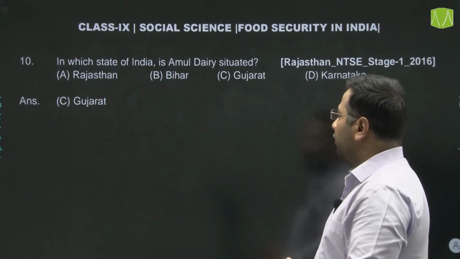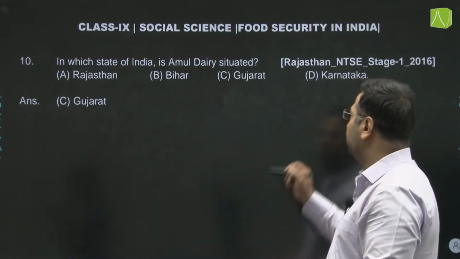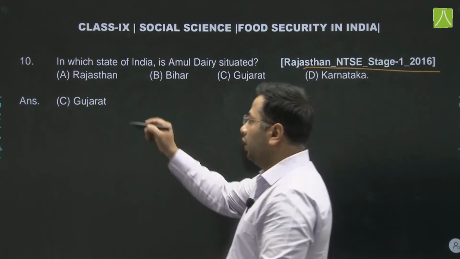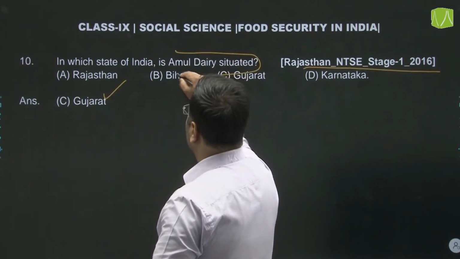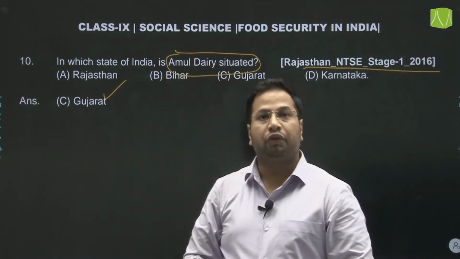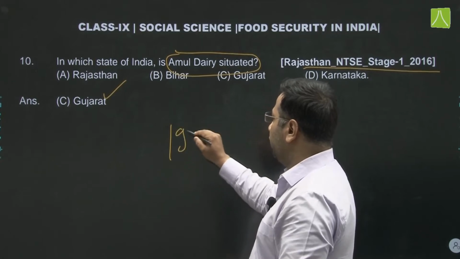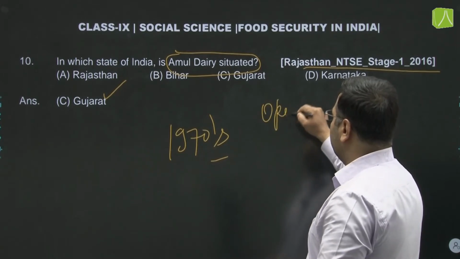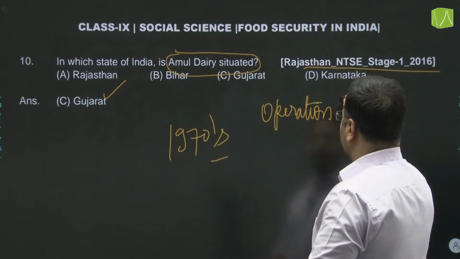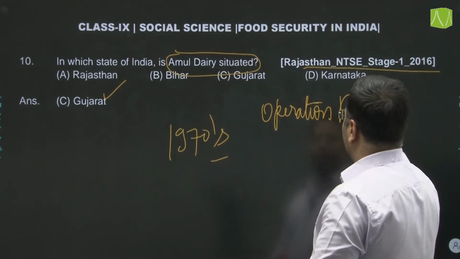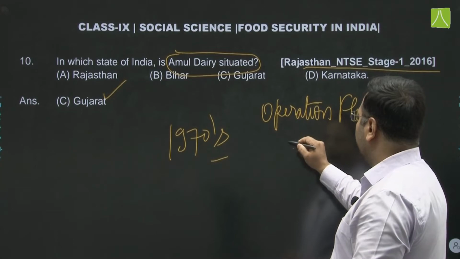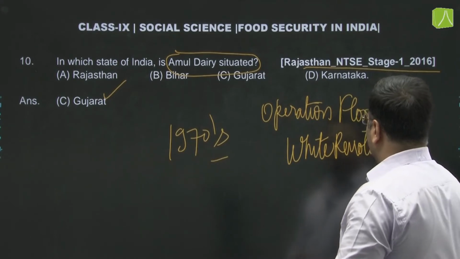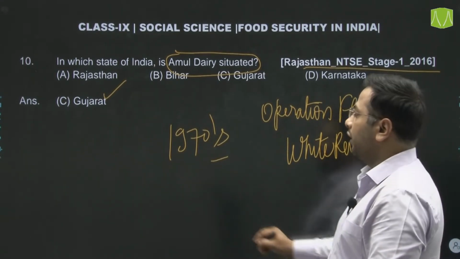in which state of India is Amul dairy situated? We have this question at Rajasthan NTSE stage 1 in the year 2016. The correct answer is Gujarat. We know Amul is definitely one which was started in the year 1970 only under the Operation Flood or White Revolution, the one which we already discussed, which started in 1970.